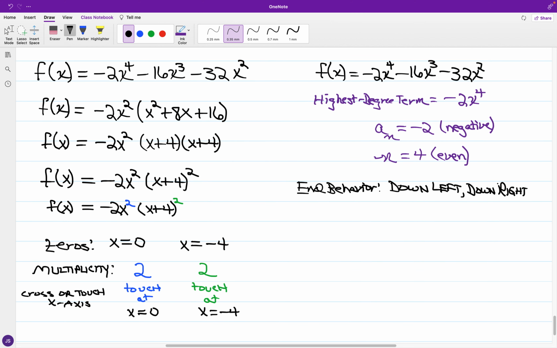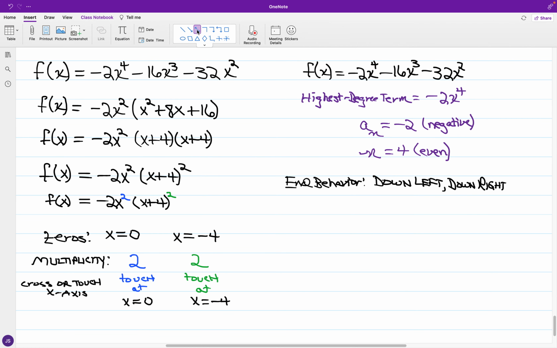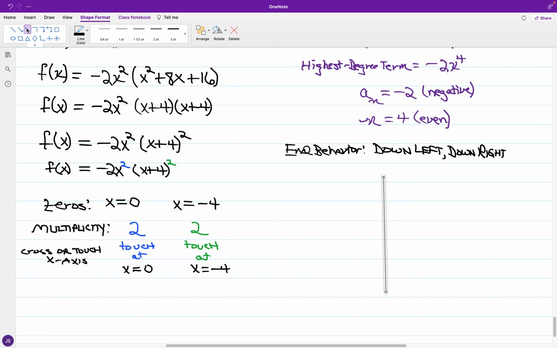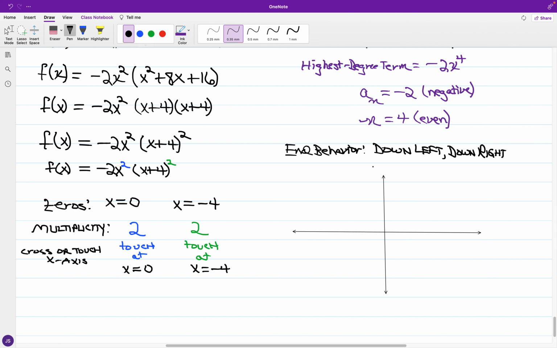And just looking at how it all comes together. Okay, so we have our two distinct zeros, x equal to 0 and x equal to -4.